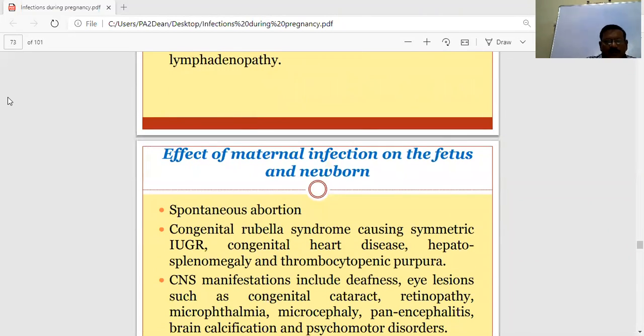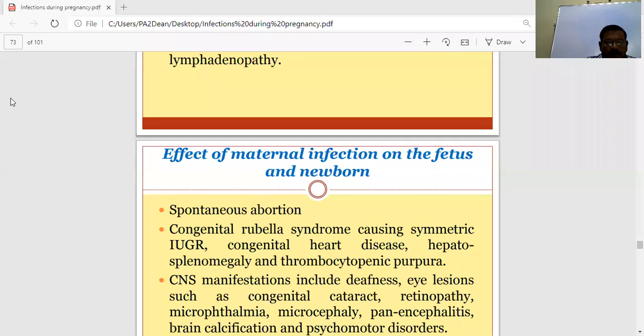The effects of maternal infection on the fetus and newborn are spontaneous abortion and congenital rubella syndrome, causing symmetric intrauterine growth retardation, congenital heart disease, hepatosplenomegaly and thrombocytopenic purpura.